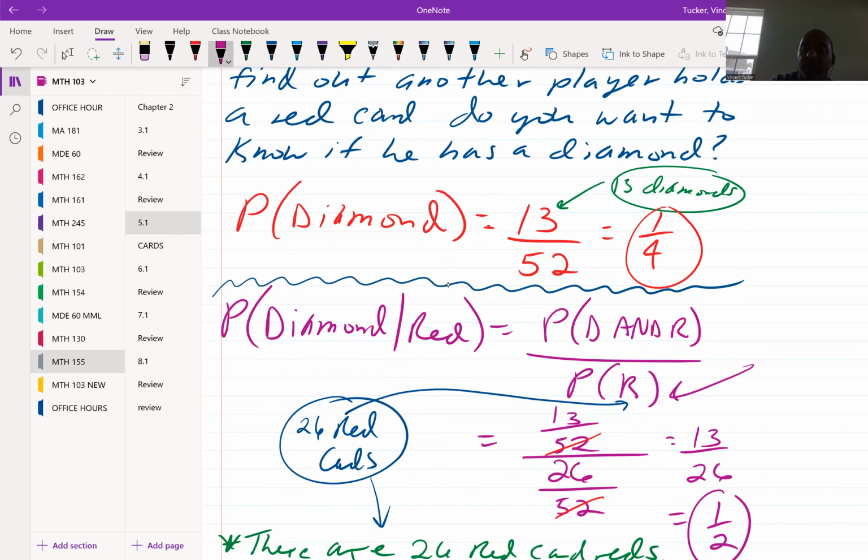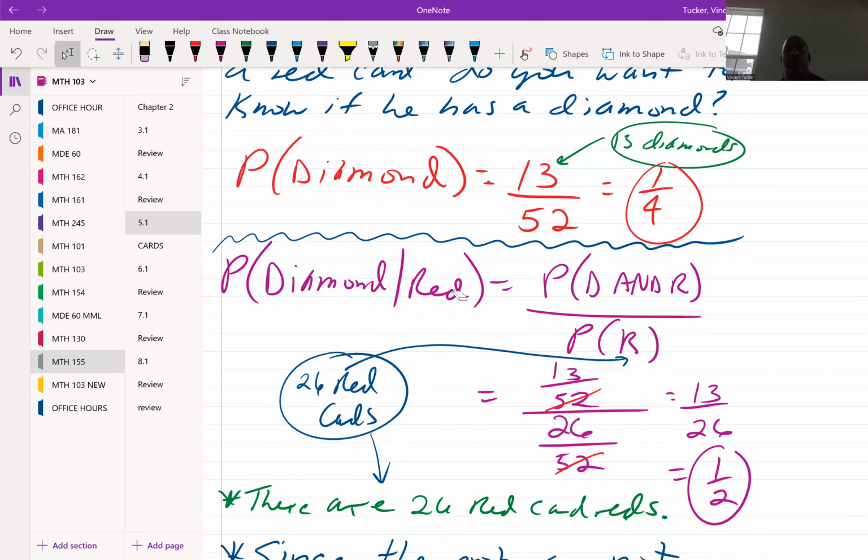Then the probability that a card is red is 26 over 52. Remember, there are 26 red cards. I wrote it right here. Yep, there are 26 red cards, diamonds and hearts, 13 apiece. So now if you were to simplify, that'll be 13 over 26, which would just be a half.